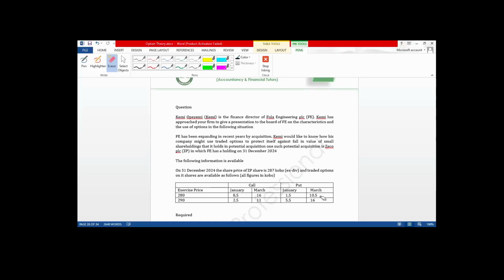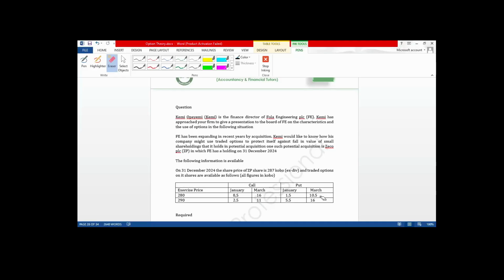Solar Engineering has been expanding in recent years by acquisition. Kenny would like to know how his company might use traded options to protect itself against a fall in the value of a shareholding that is held in a potential acquisition.